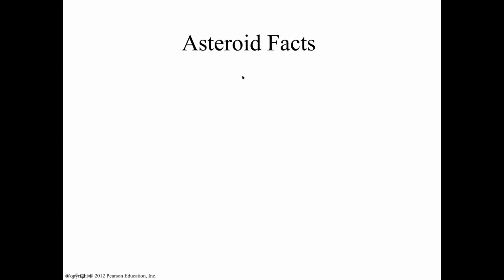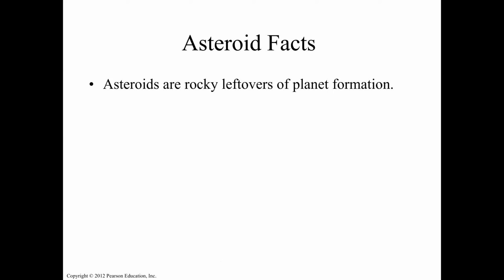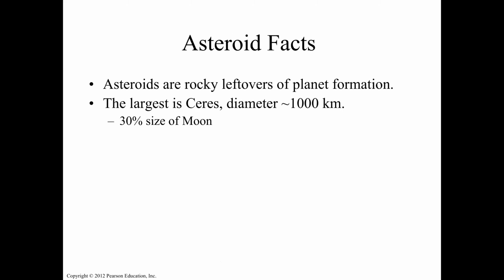Now, let's talk about facts about them. We've already covered some of them, but let's go over it one more time. Asteroids are rocky leftovers from planet formation. Since these planets did not form, especially the one that was supposed to be formed between Mars and Jupiter, but it did not, and I'll tell you why in a little bit. So these are the leftovers from the planet formation. The largest one is Ceres, and the diameter is about 1,000 kilometers. That means it's about 30% of the size of the moon.